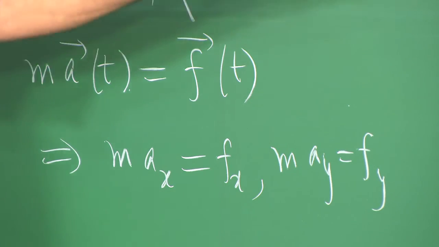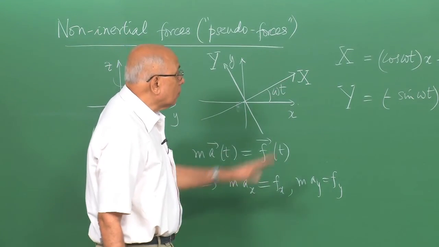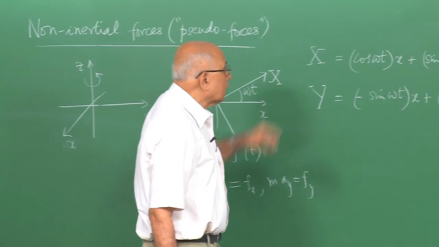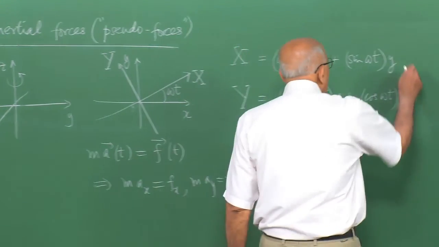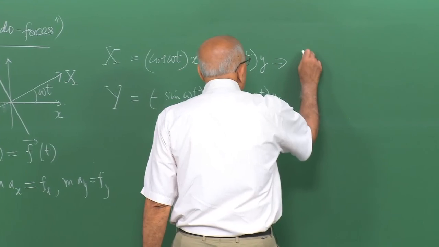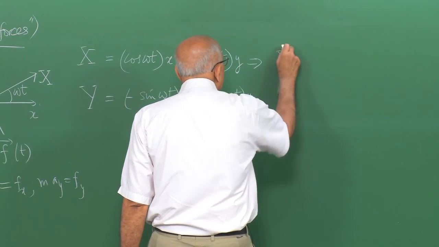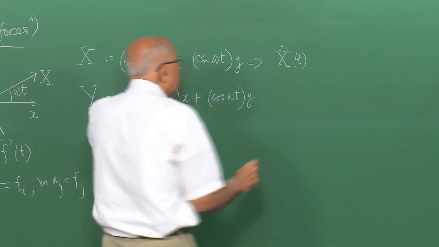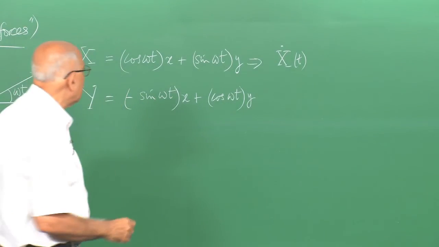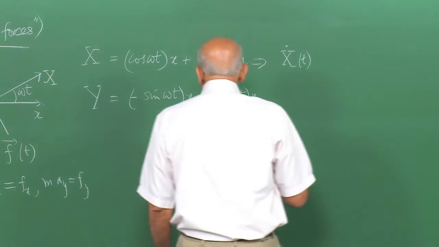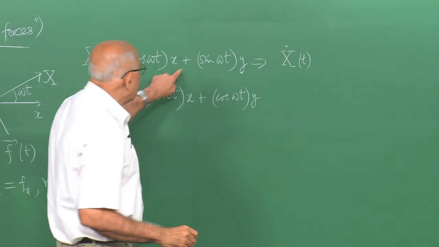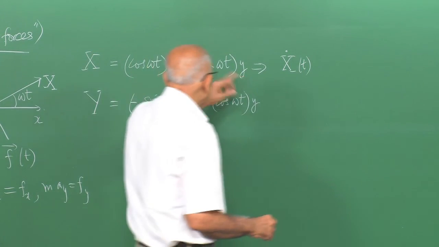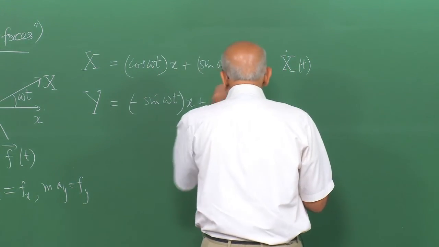What happens here in this case? Well, the first thing we have to do is to differentiate these with respect to time, and this will immediately imply that X dot of t, and let us save space by putting overhead dots for time derivatives, X dot of t is equal to, there is one term in which the x and y get differentiated to give me little x dot and little y dot.